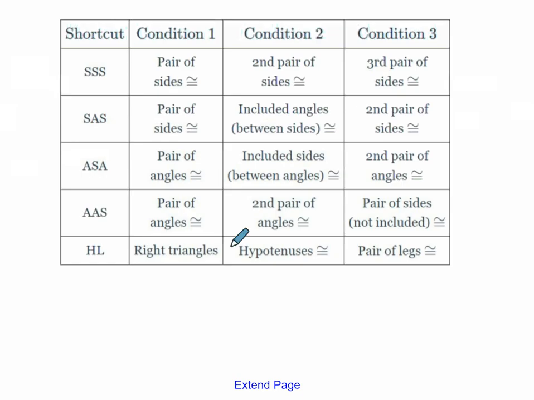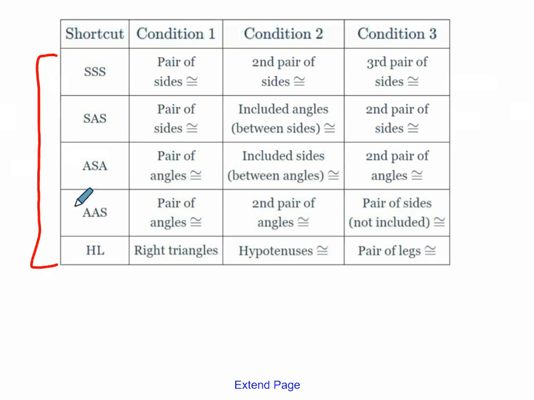Here's a great diagram that has all 5 reasons of why you will be able to prove that two triangles are congruent. When you're proving these, for side, side, side, you'll need 3 sides that are proven, and usually they will be given or reflexive or something like that. I need to have the supporting evidence for 3 things. For side, angle, side, I need supporting evidence for 2 sides and the included angle.